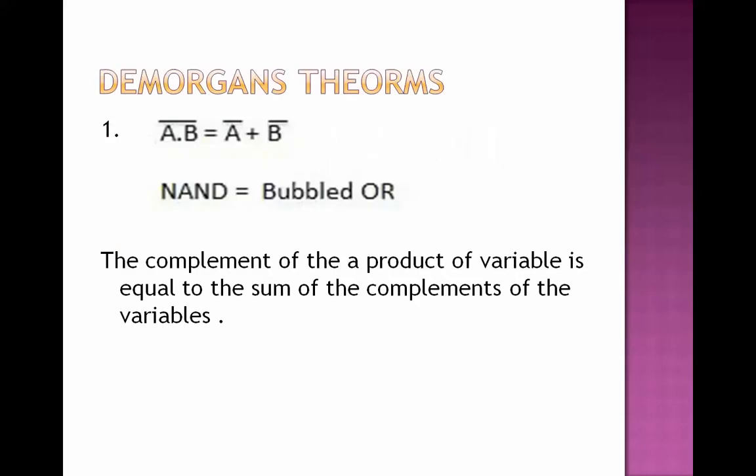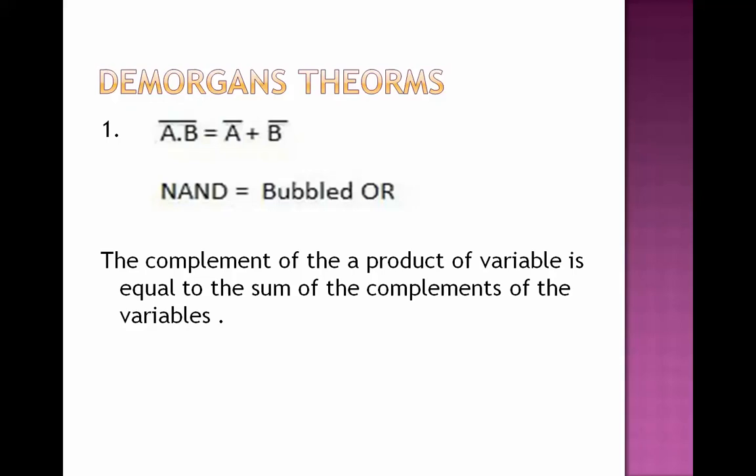The first theorem of De Morgan is that (A and B) whole complement is equal to A complement or B complement. It can be stated as the complement of the product of variables is equal to the sum of the complements of the variables. So this basically says that NAND is equal to bubbled OR. When I say bubbled OR, it means not of OR.